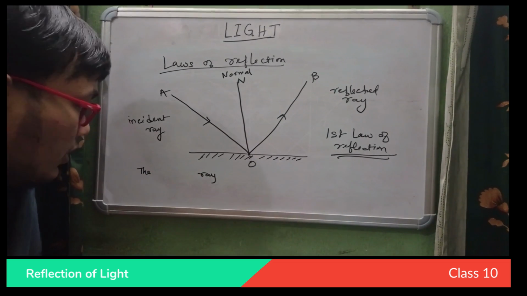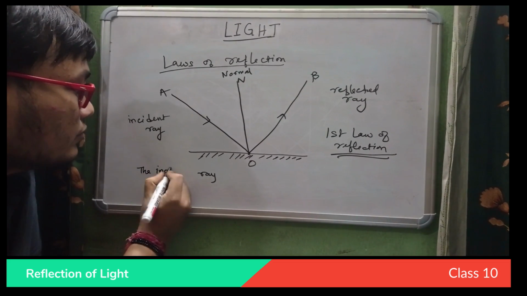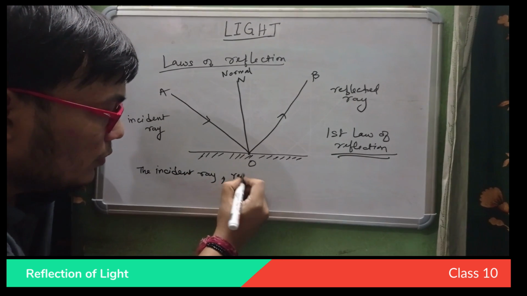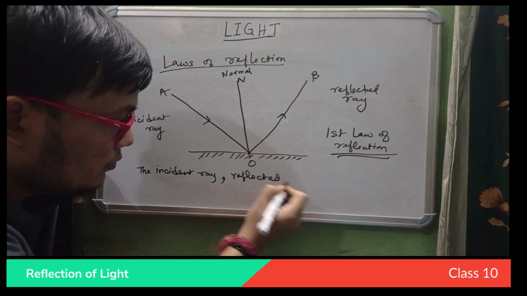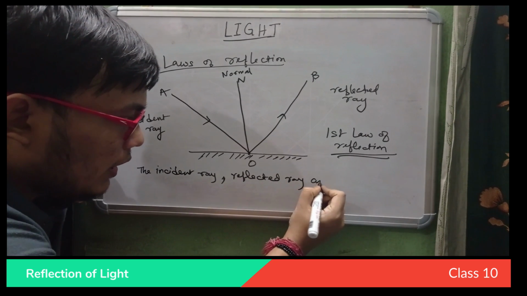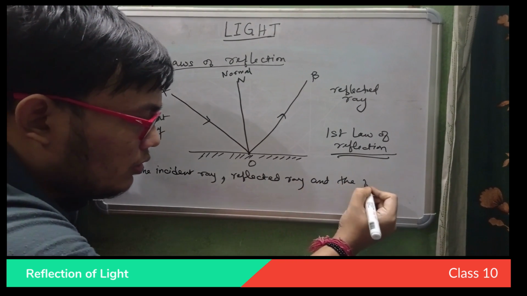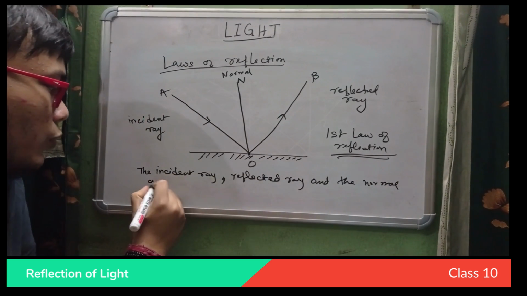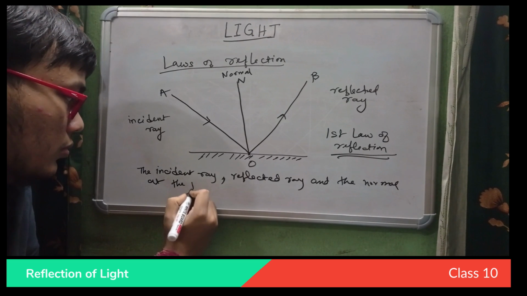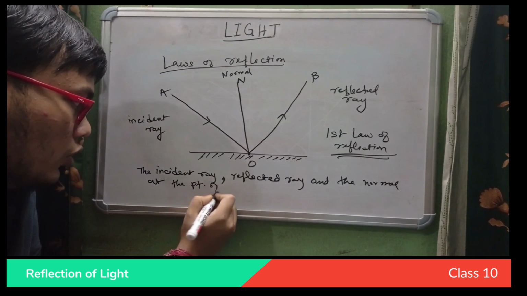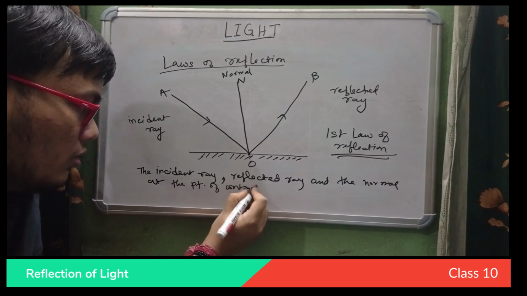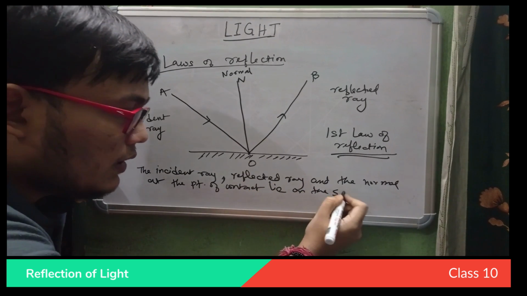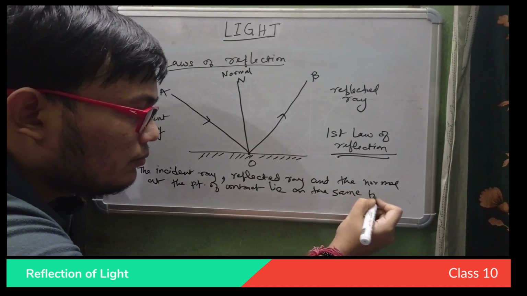The incident ray, the reflected ray and the normal at the point of contact lie on the same plane.